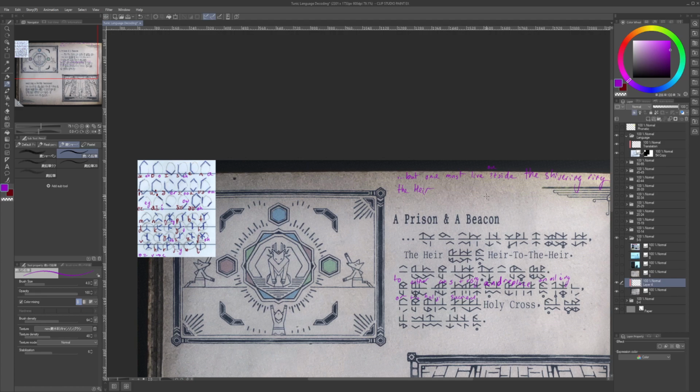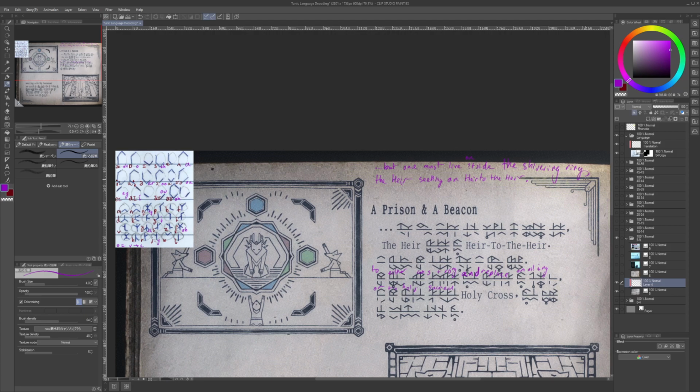Where is this vowel? See. Care. Seeking. An heir to the air. But one must live outside the shivering ring.